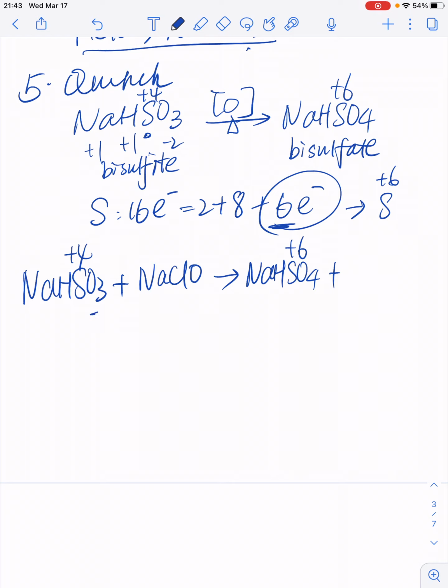You have an addition of oxygen here that's coming from sodium hypochlorite, right? The loss of oxygen from hypochlorite and the addition of oxygen to bisulfite will leave you sodium chloride as a byproduct. If you treat hypochlorous acid as the oxidizing reagent, the product will be the same, with HCl as a byproduct.